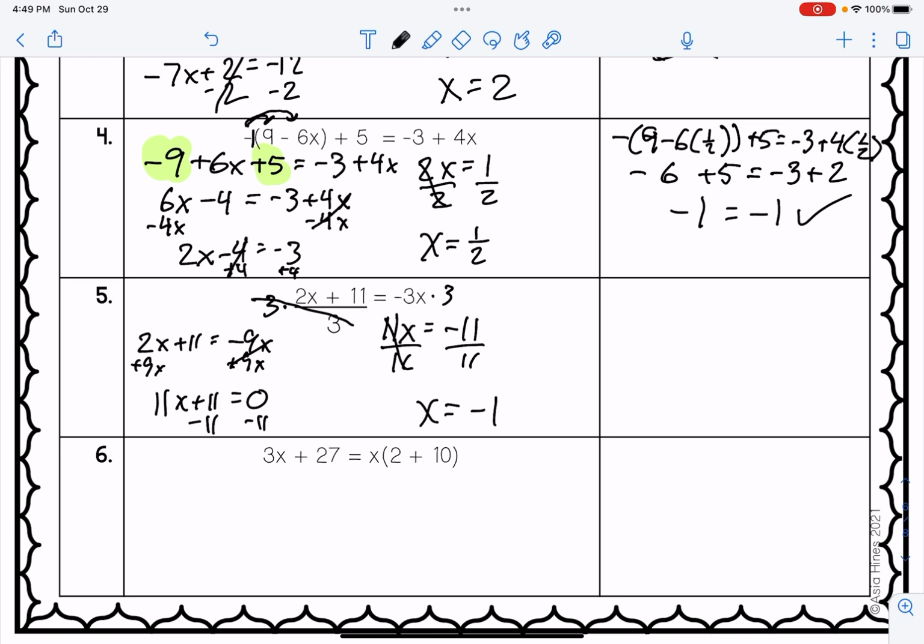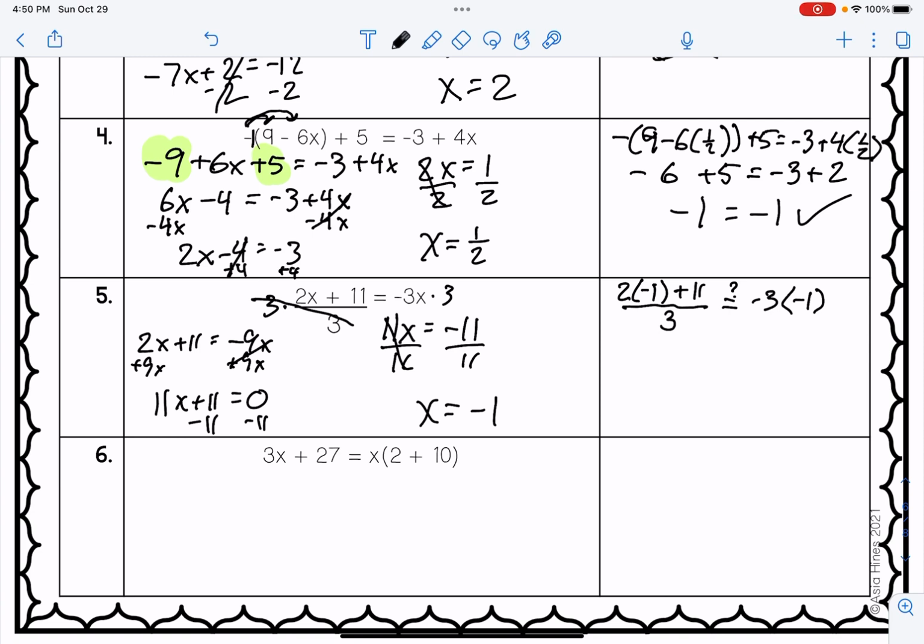And as always, at least for this sheet, we are going to check. On top, we got 2 times negative 1 plus 11, all of that divided by 3. Is that equal to negative 3 times negative 1? Well, on top here, 2 times negative 1 is negative 2.